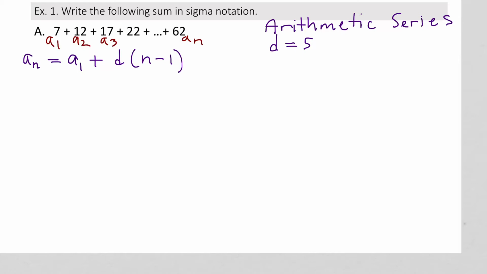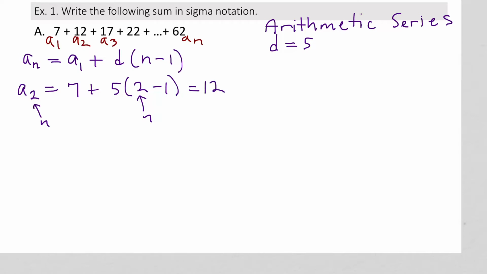So if I want to see if this formula works, let's check a sub 2. A sub 2 should be a sub 1, which is 7, plus 5 times 2 minus 1, where this is n here, and this is n here. So I can see that 2 minus 1 is 1, 1 times 5 is 5, 5 plus 7 is 12.